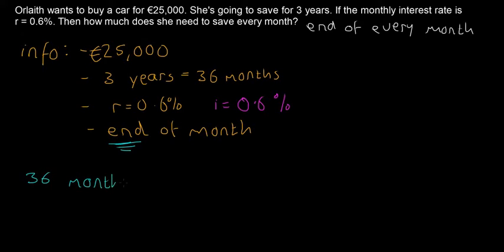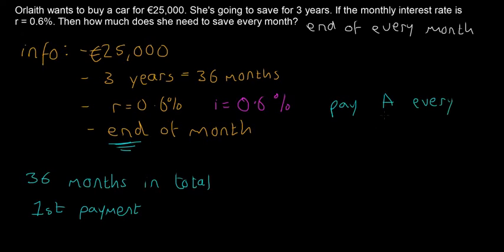The first payment, and we're just going to say that she pays A every month, just to keep what we've been doing. So the first payment is made at the end of the month. So first payment is going to be after 1 month.